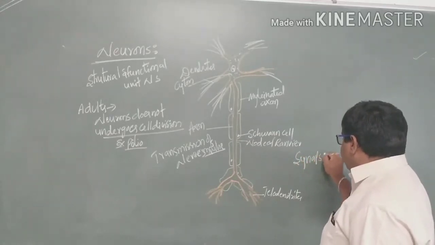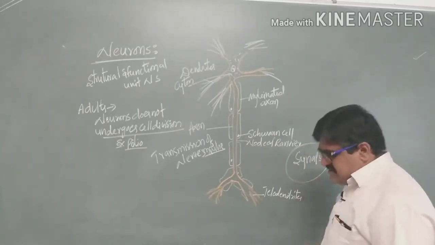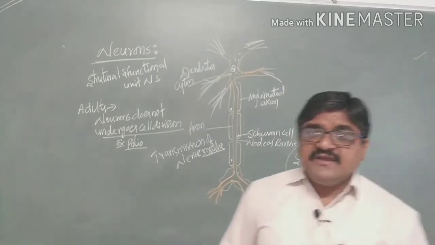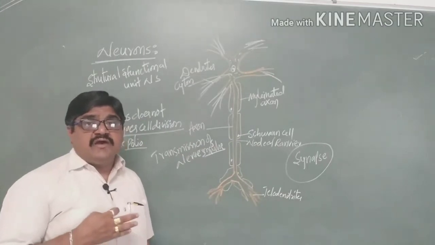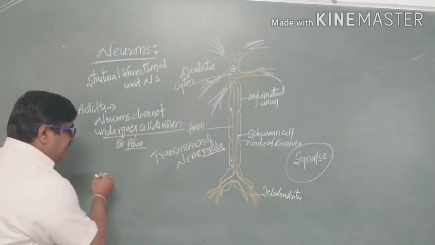So what is the synapse? The information is transmitted from the telodendrites of one neuron.